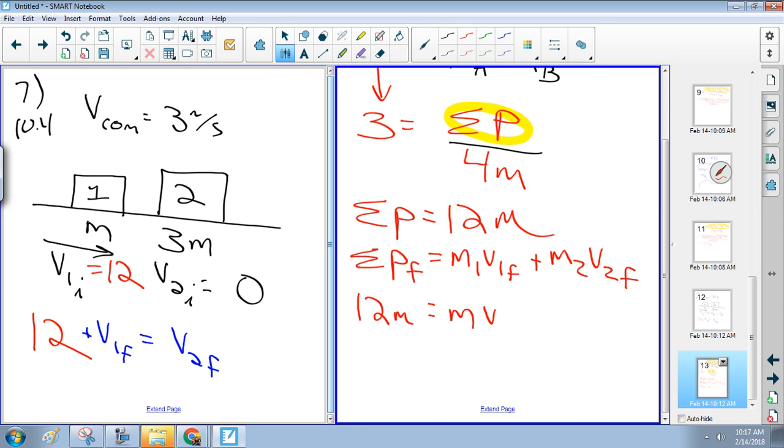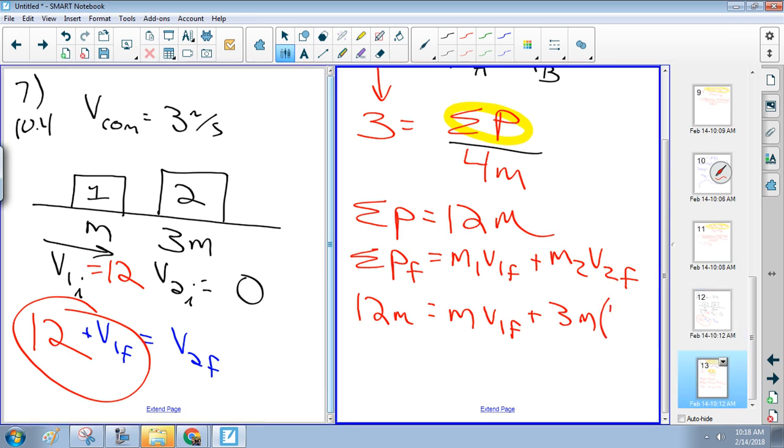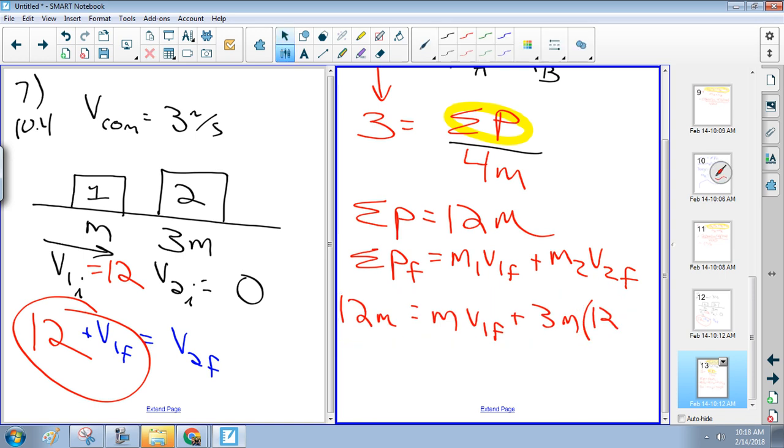V1 final we don't know. Mass of 2 is 3m. And V2 final is this, right? So I'm going to replace V2 final with this. Oh no, I'm out of room. Oh, that'll give me just enough room.